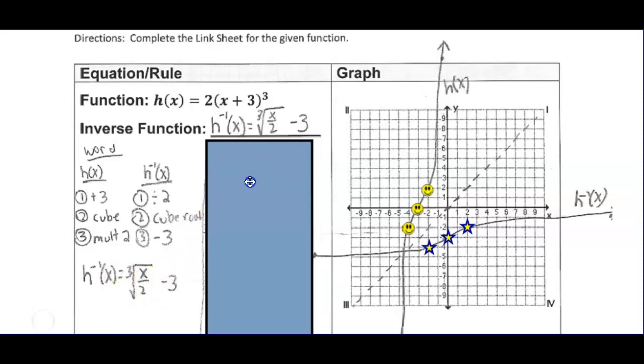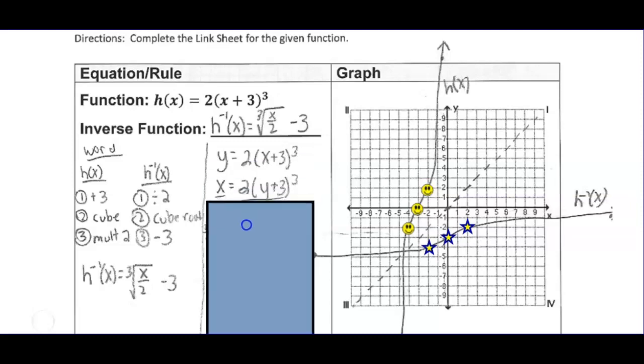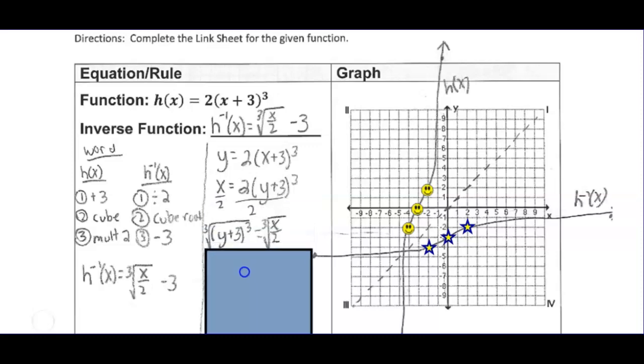If we want to look at it in an algebraic form, then we can start by changing that h of x to a y. And then the next step would be to switch the x and the y. And now we're going to try to solve for y. So we want to divide by 2 to isolate the y plus 3 quantity. And then we can cube root to isolate the y plus 3 quantity further.